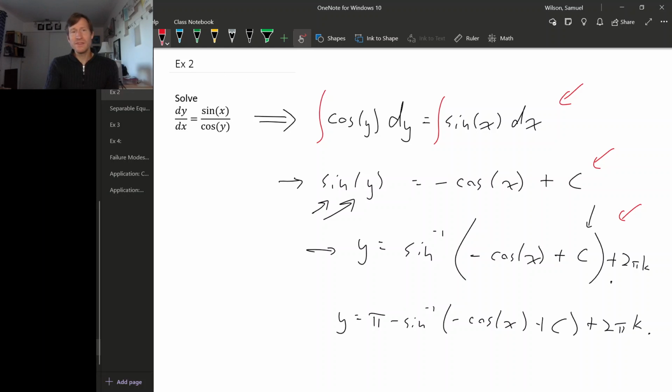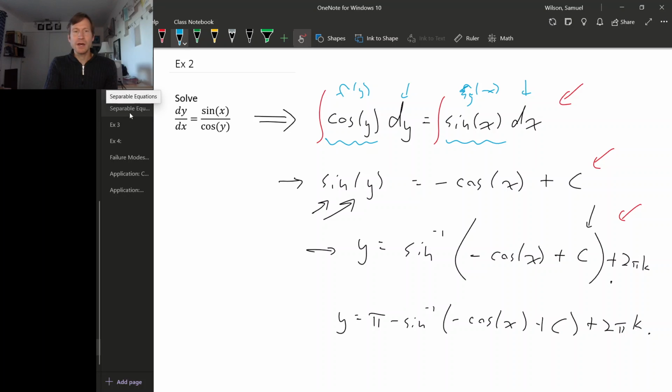Well, if you look at both of these examples, what made the trick work was we were able to separate the variables, so separate x and y, just by doing some multiplying, right? It's the fact that we were able to multiply or divide to separate the variables that made it so that we had a function of y times dy, and then a function of x times dx. I shouldn't use the same letter because it's a different function, right? So it's really this structure that makes this whole thing work.